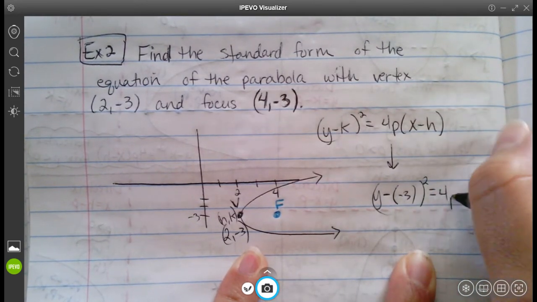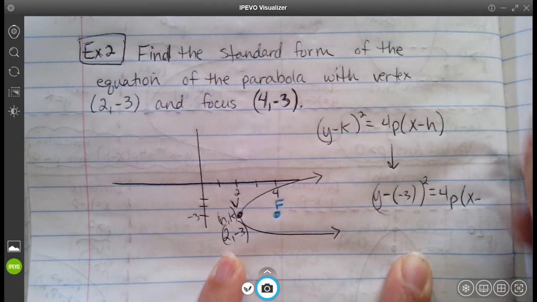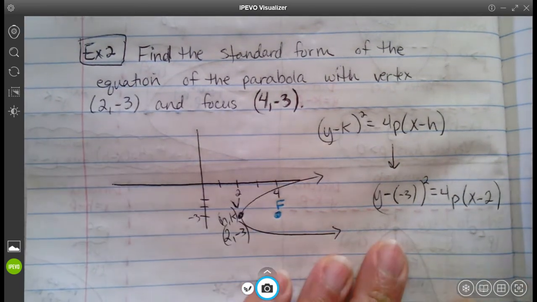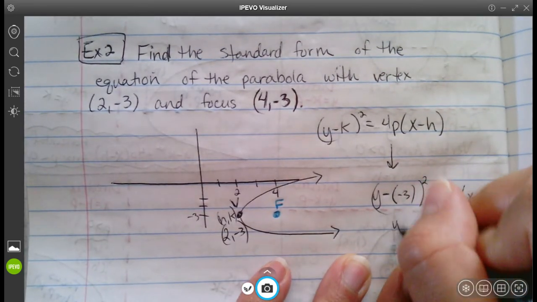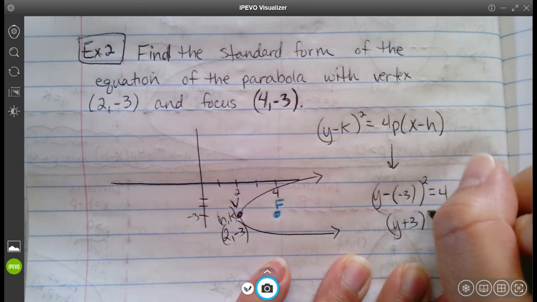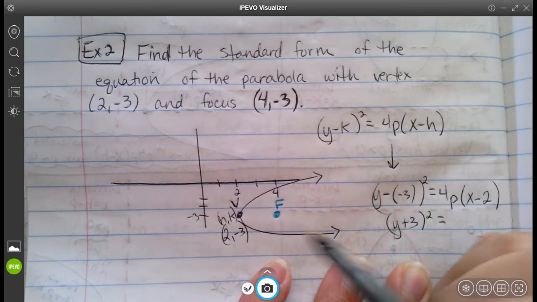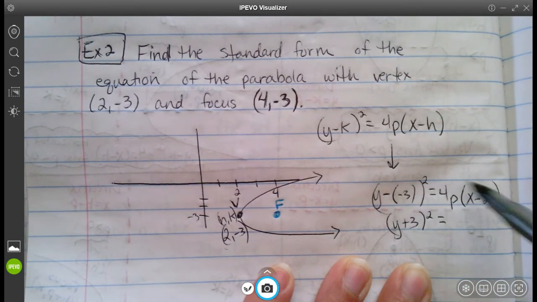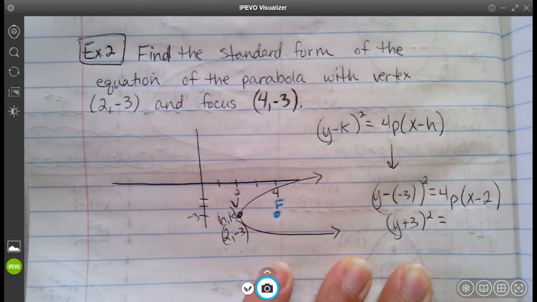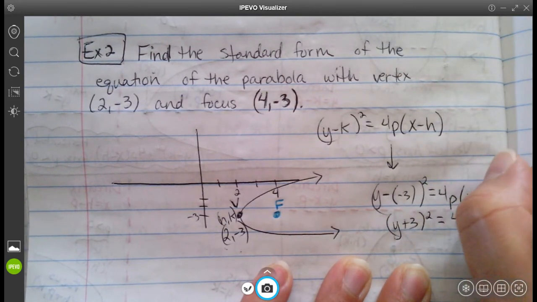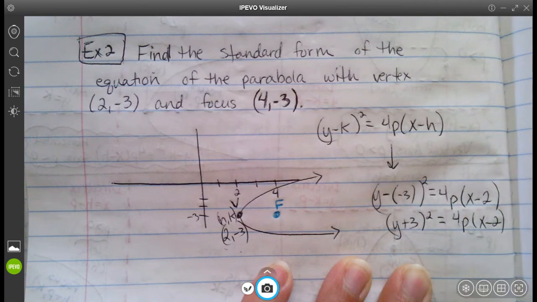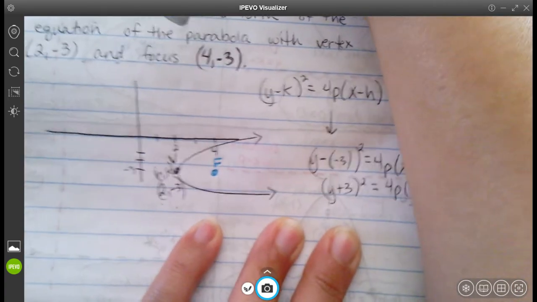And then we have 4p times x minus h. So we can simplify a little bit. This is going to be y plus 3. You can think of it as opposites: the opposite of -3 is +3, and the opposite of 2 is -2. That's another way to do this. So we're left with this. It looks like all we really have to do is find p, yeah?